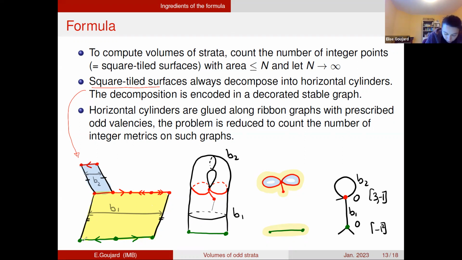When you look at the horizontal foliation, the horizontal leaves that do not pass through singularities are always regular and always form some ring, some cylinder in the surface.